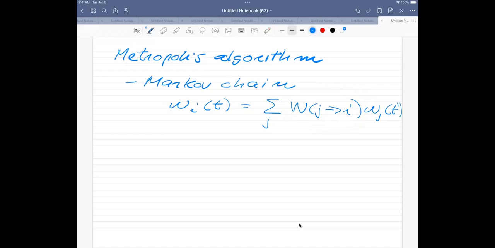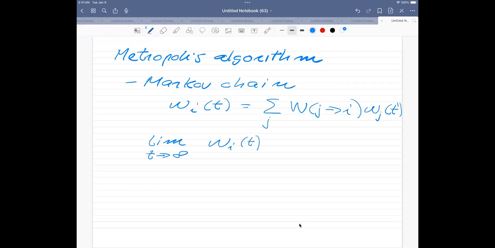So the Metropolis algorithm is the one which gives us a recipe for simulating without knowing this function. And when we let time go to infinity, if this is a proper stochastic process, we are hopefully going to reach the most likely state. So this W becomes time independent.